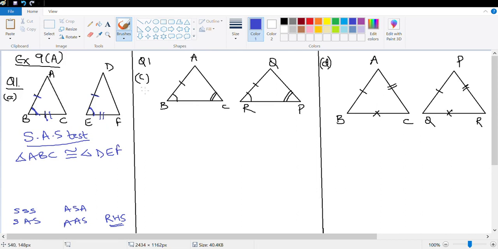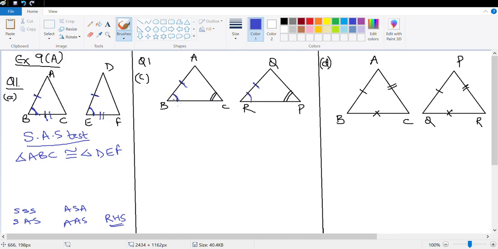Let's look at question number 1, part C. In triangle ABC and QRP, AB is equal to QR, which means AB is given equal to QR. Angle B is equal to angle R, which is already marked. Angle B and angle R are equal, and angle C and angle P are equal. So this time I have side angle angle, there is no such test.